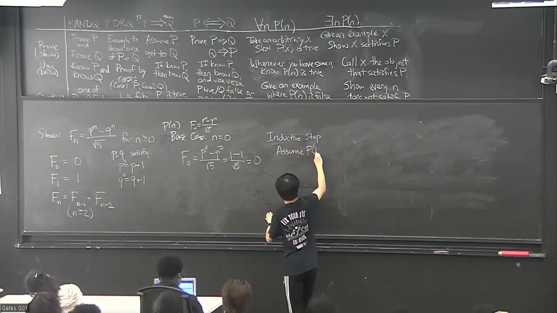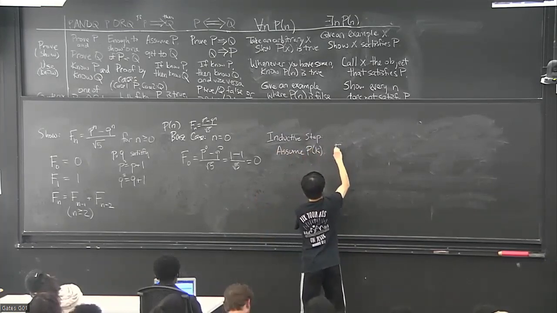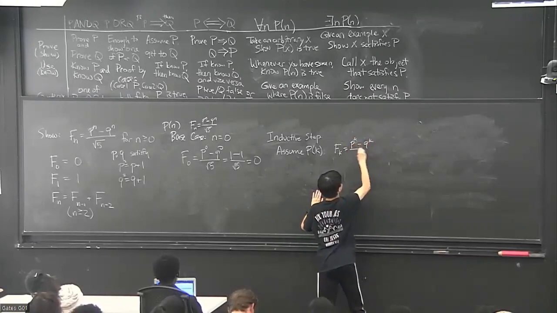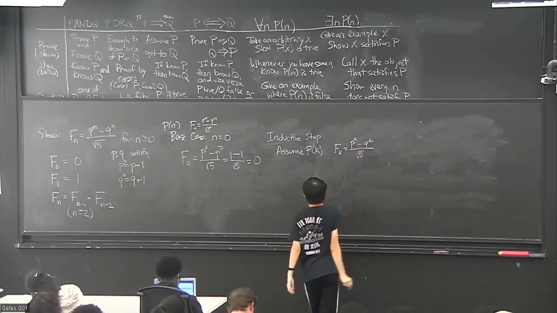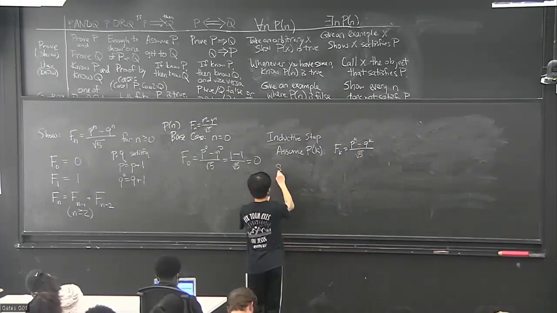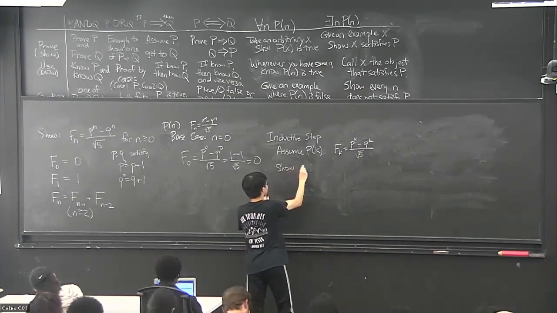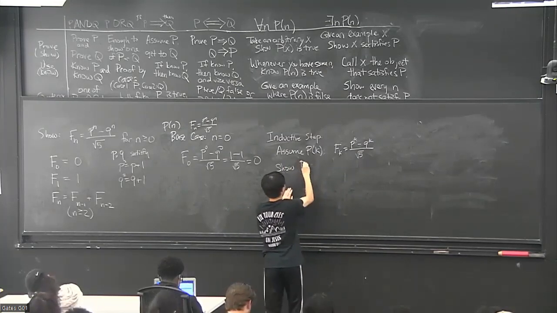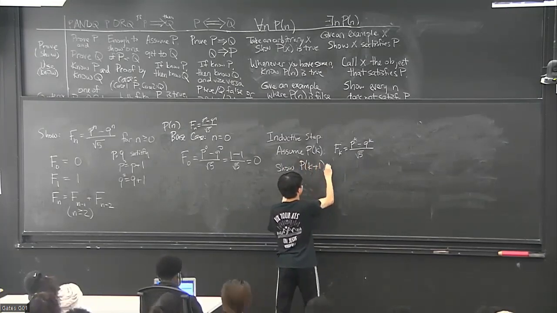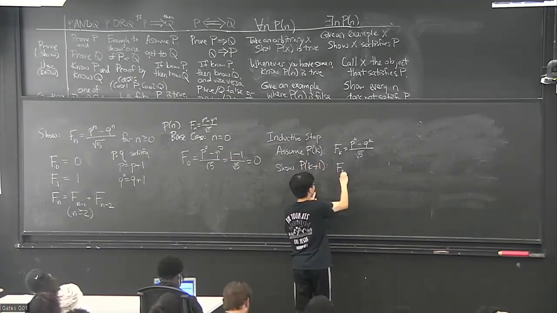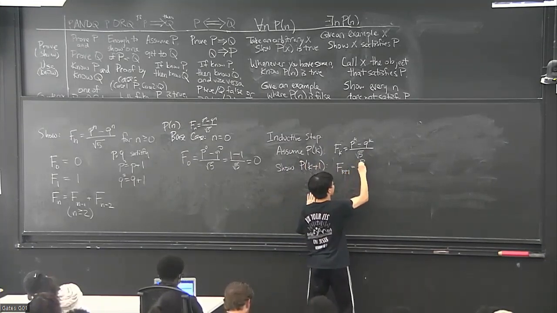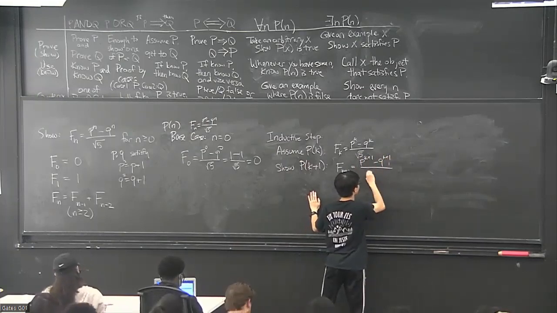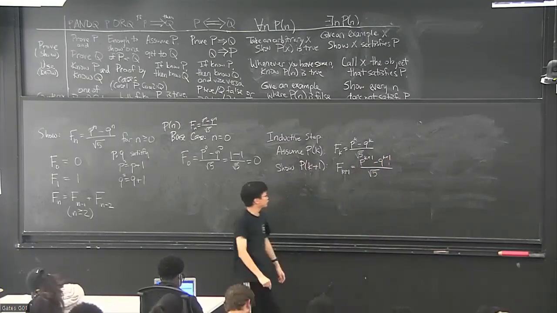Assume P of k, that's f of k equals P to the k minus Q to the k over square root of 5. And what do I want to show? I want to show f of k plus 1. I want to show P of k plus 1 actually. What's P of k plus 1? F of k plus 1, over square root of 5.